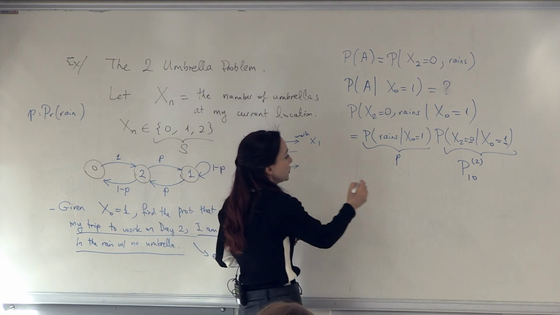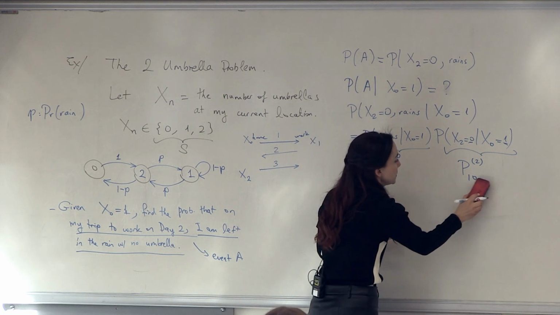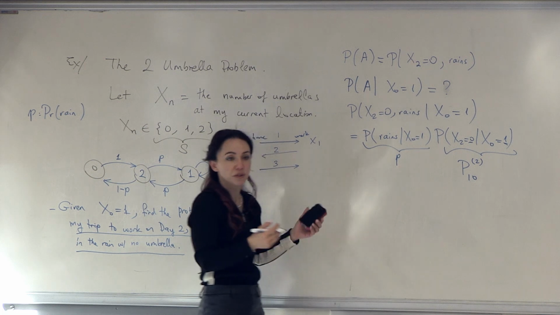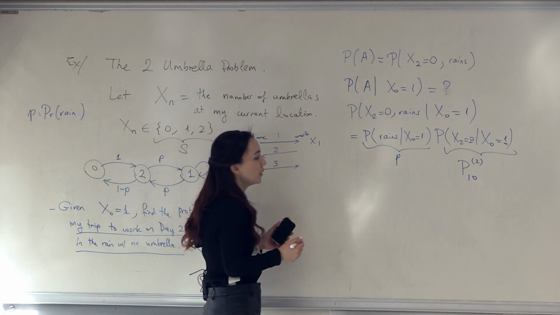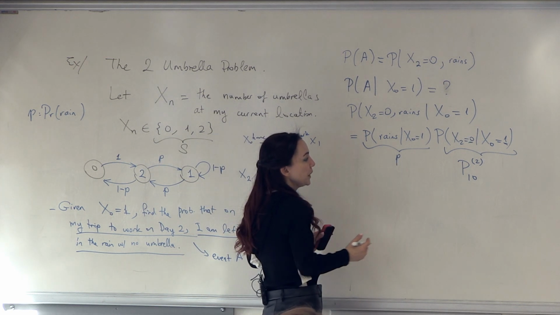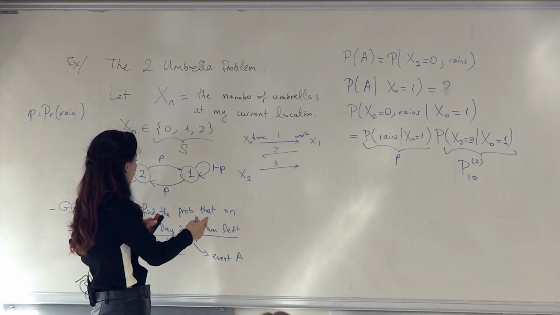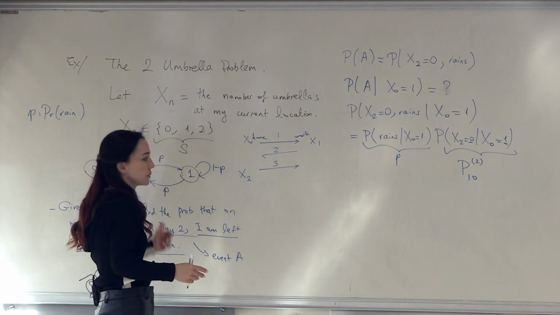Of course, we can find the probability of transitioning from state 1 to state 0 in 2 steps easily using the Chapman-Kolmogorov equations. But I want to compute the whole matrix of transition probabilities such that maybe using it we could answer questions about further trips.